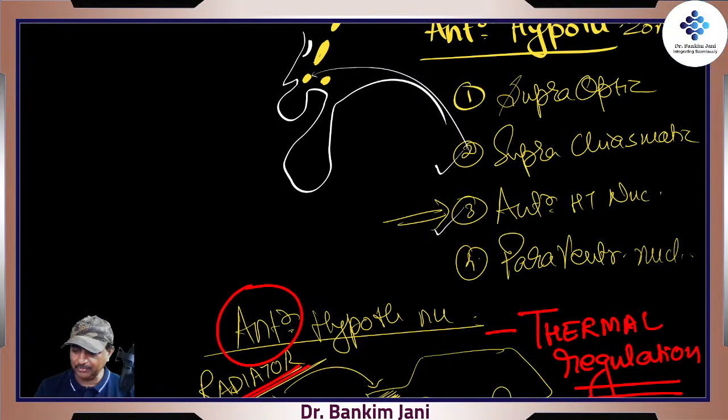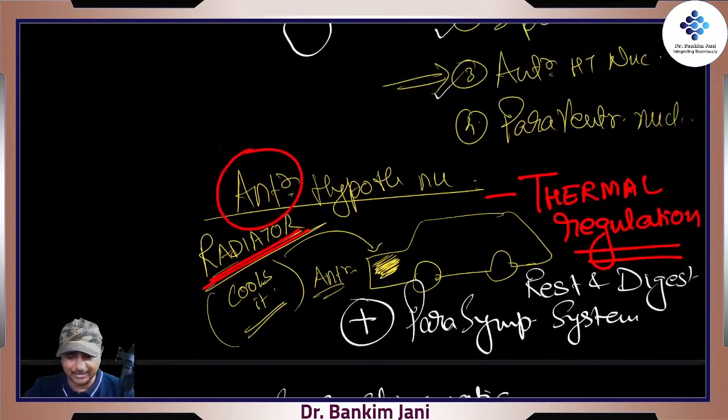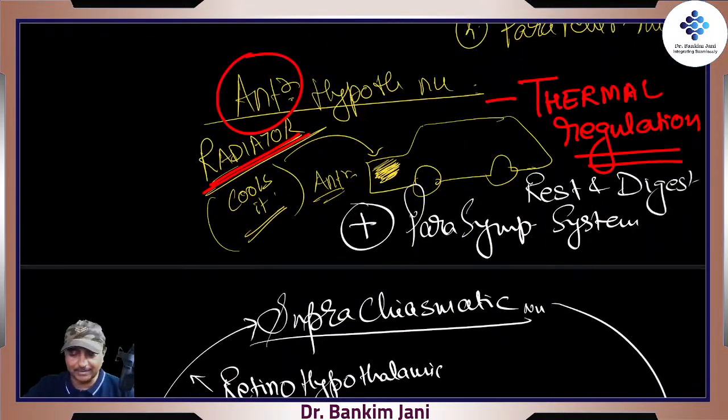Okay, 2 down, 2 to go. Moving on to the supraoptic. Now see, as we are telling, it is quite easy. Anterior hypothalamic, anterior means it is radiator. Radiator is for cooling, so thermal regulation. So in case there is any tumor which is knocking down the function of anterior hypothalamic nucleus, what would happen?